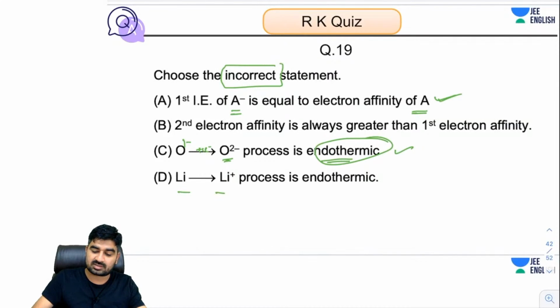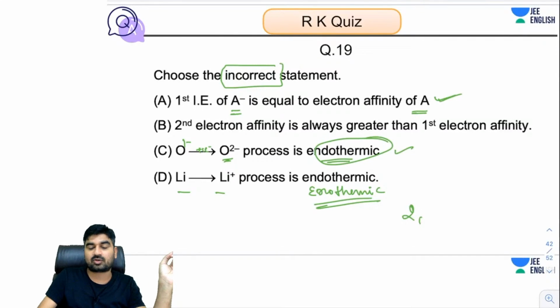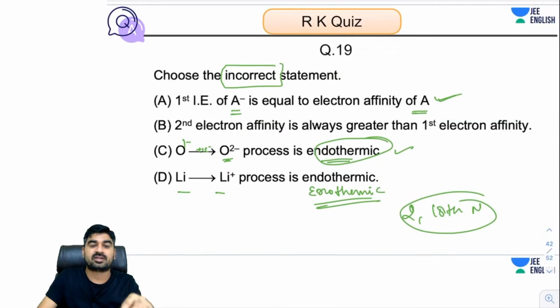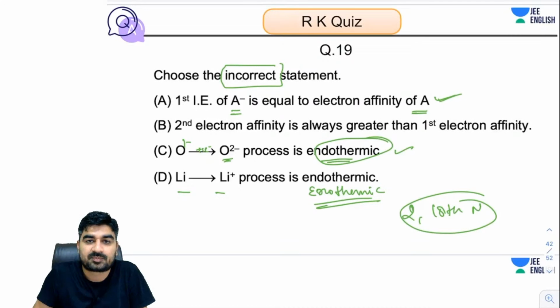Li to Li plus is what it will be? It will be exothermic. How? Because except the second group, the 18th group and nitrogen, all other elements have negative electron gain enthalpy.